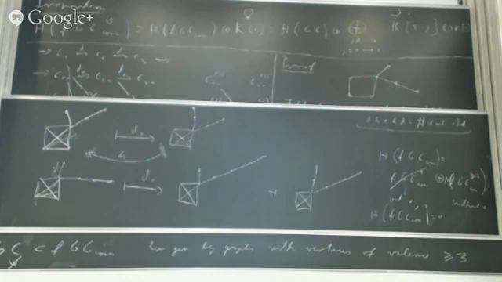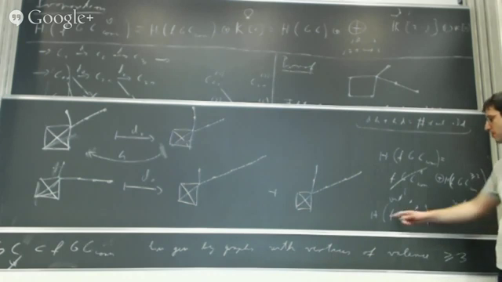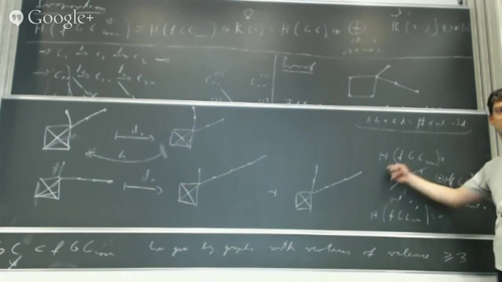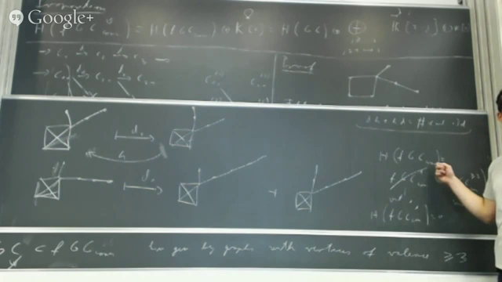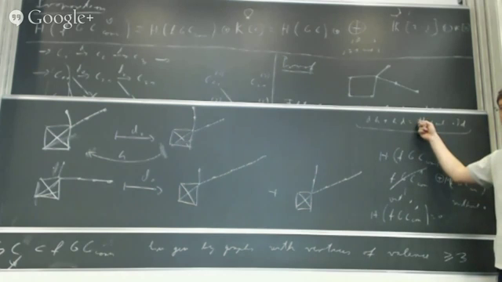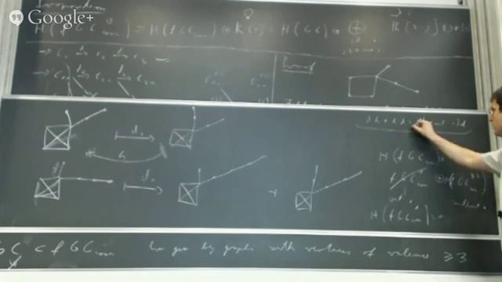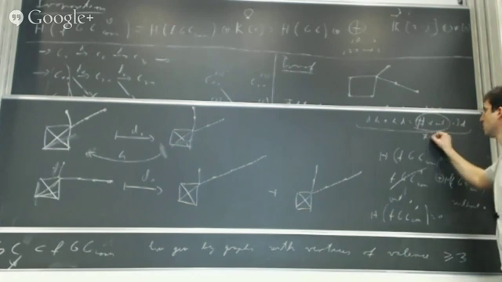Wait, once again. The bottom part. Homology of this is 0. This is acyclic. Which has to be proved separately, I guess. No, that's this proof. This is the part with antennas, where the number of antennas is not 0.